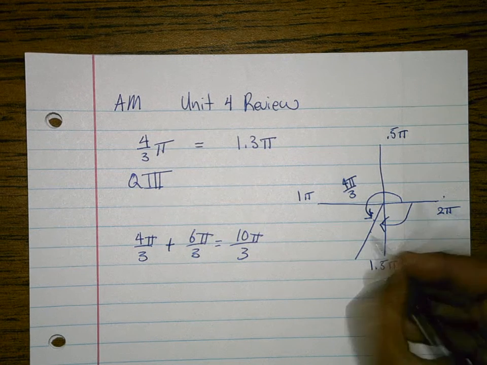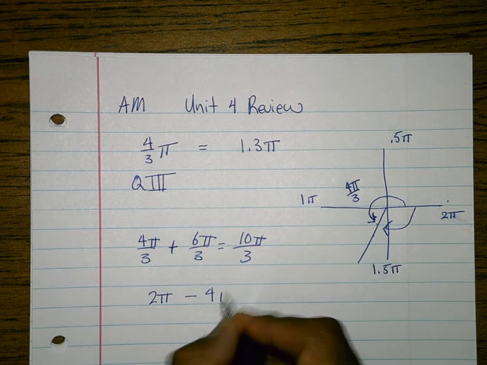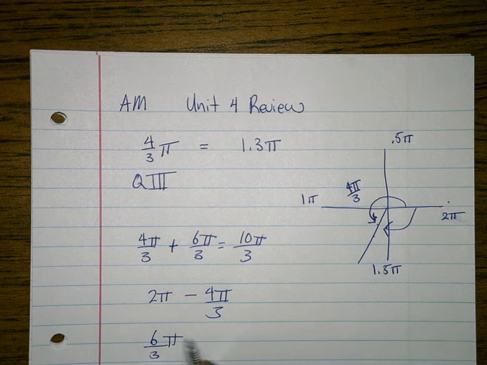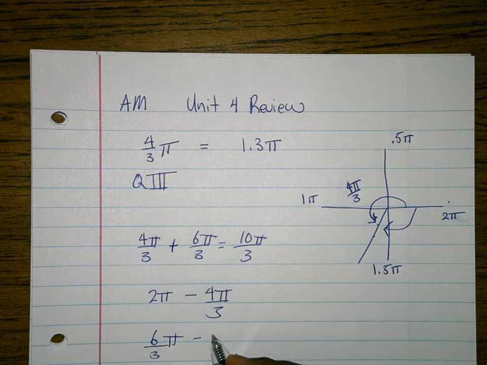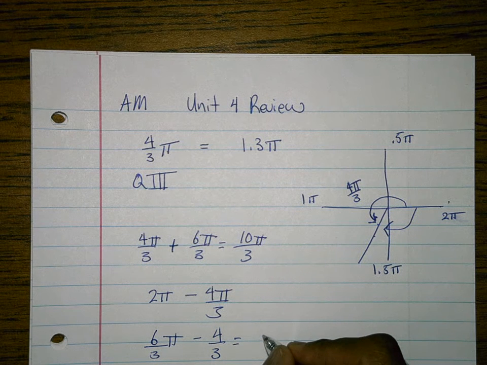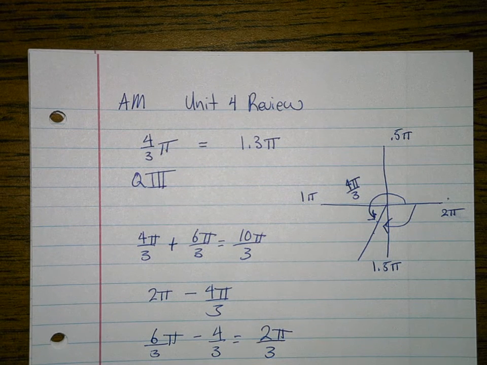Now I'm going to do the negative one, so I'll do 2 pi minus 4/3 pi, and I have to do the same thing, get a common denominator. And I'm looking at 2 pi over 3.